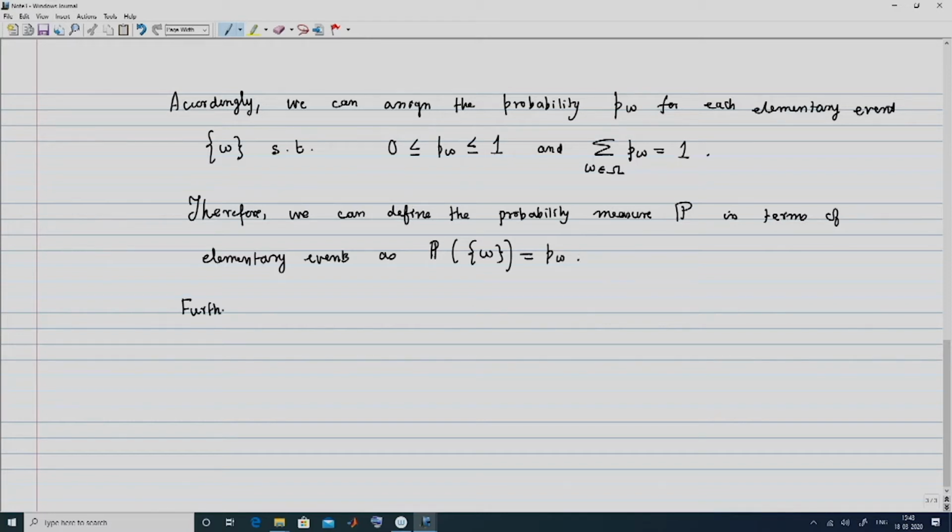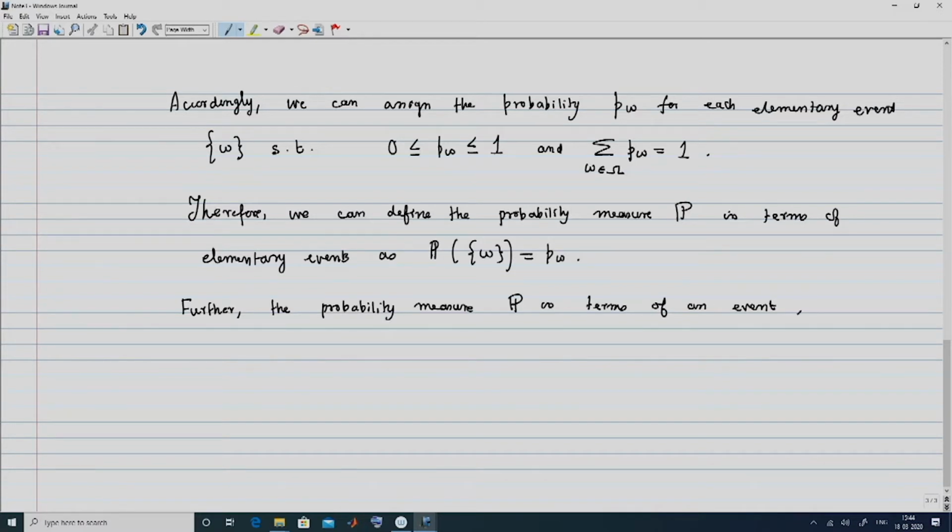Further on, I can make another statement about the probability measure p in terms of an event.